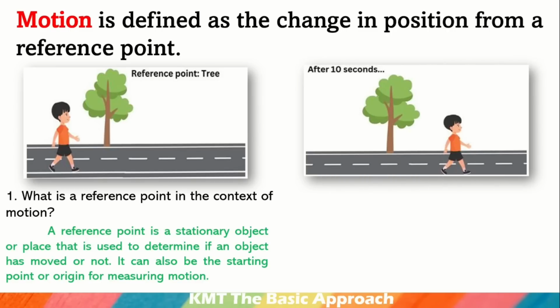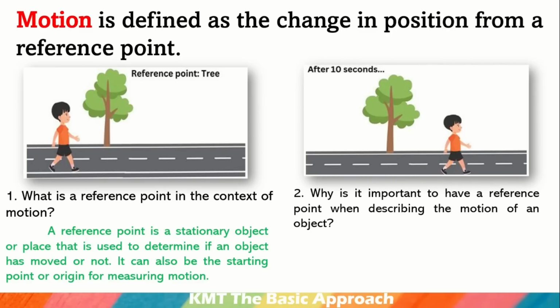Now, this is what happened after 10 seconds. Let's answer question number 2. Why is it important to have a reference point when describing the motion of an object? Correct.